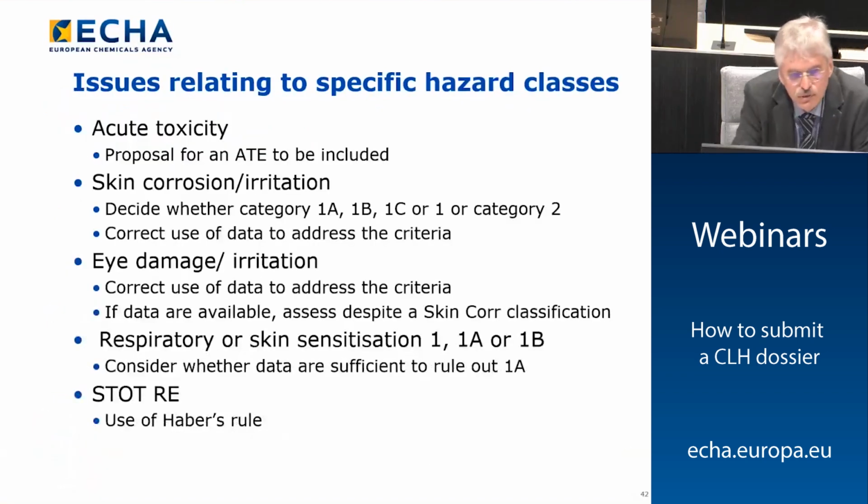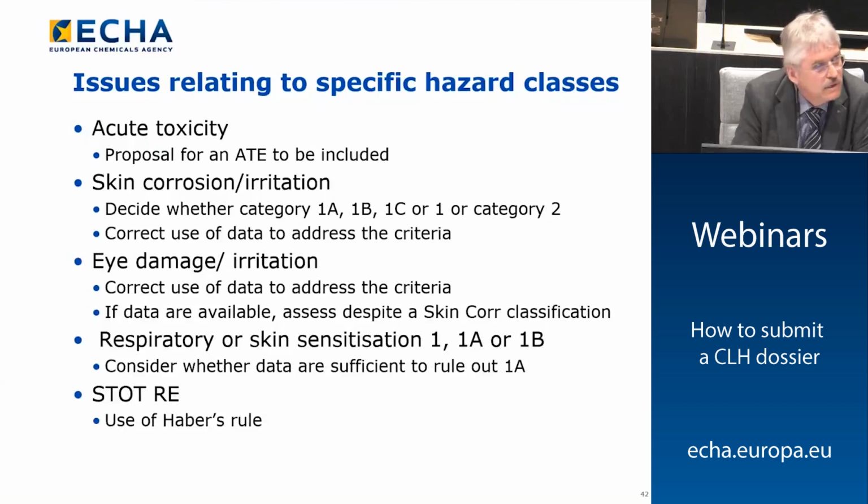Moving on to a few issues relating to specific hazard classes, and I won't go through these in detail. I'll just mention that for acute toxicity, the proposal for an ATE needs to be included, or in other words, an acute toxicity estimate.